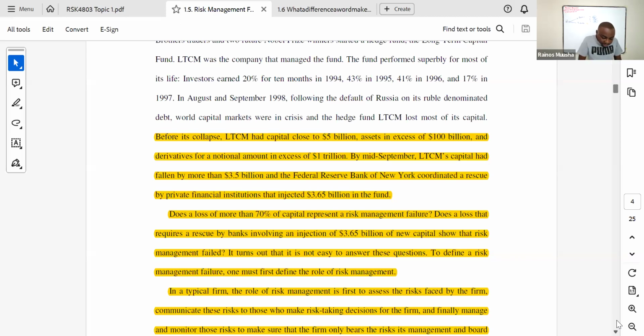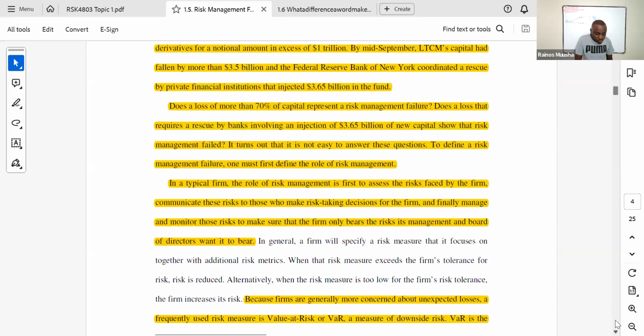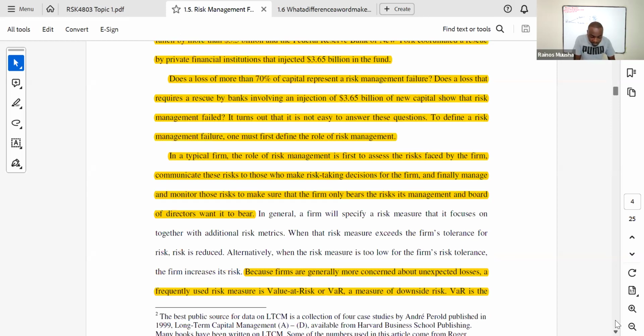So to define a risk management failure, one must first define the role of risk management. In a typical firm, the role of risk management is first to assess the risk faced by the firm, communicate these risks to those who make risk-taking decisions for the firm, and finally, manage and monitor those risks to make sure that the firm only bears the risk its management and the board of directors want it to bear.